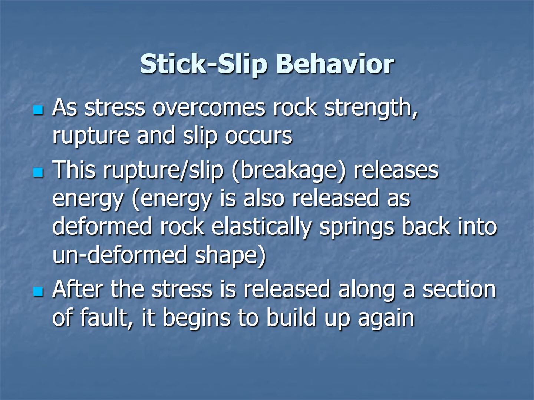And then eventually the stresses overcome rock strength, and you have your earthquake, and you have your offset. And what's going to happen very instantaneously when that earthquake occurs is that the rock layers on either side of the fault, they were deformed, but they're going to elastically spring back into an undeformed shape. And this releases a lot of energy.